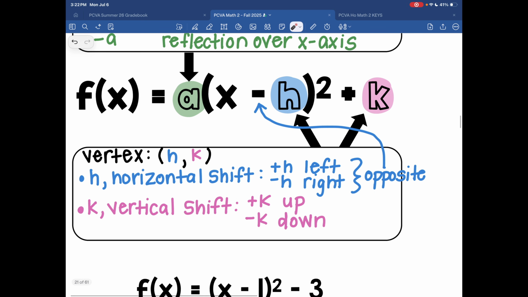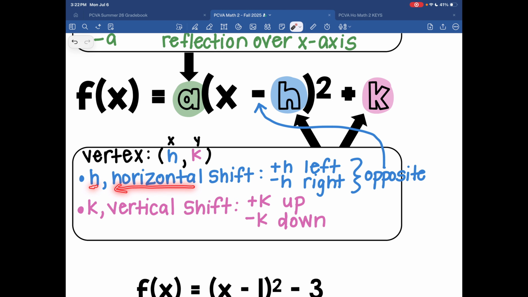Now, back to the vertex. Remember, the vertex is the point in the middle of the curve. The vertex is a point, which means it has to have an x and a y. So the h and the k: the h represents the x value of the vertex, the k represents the y value. The h is a horizontal shift.